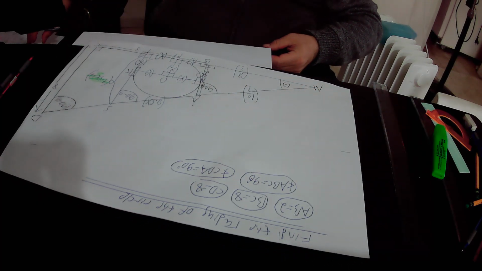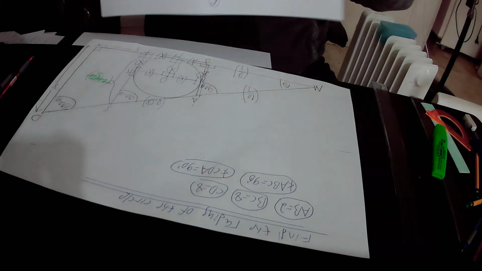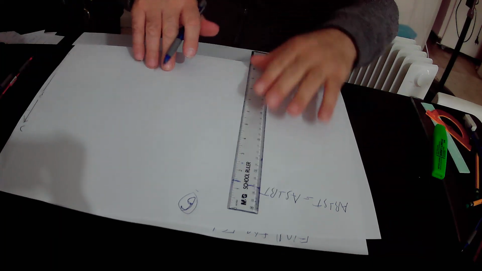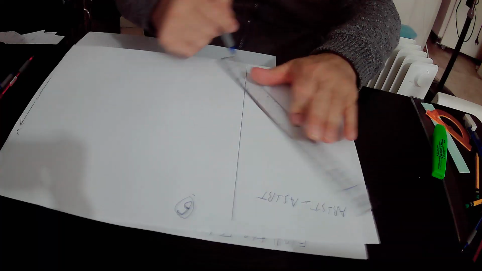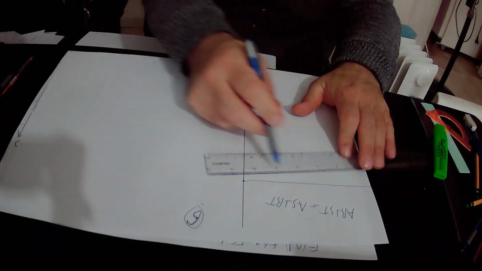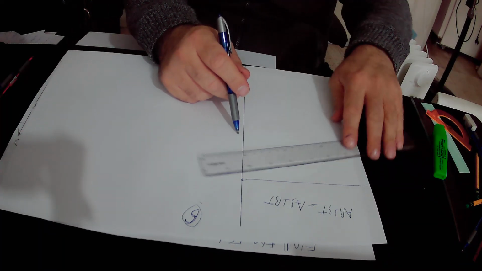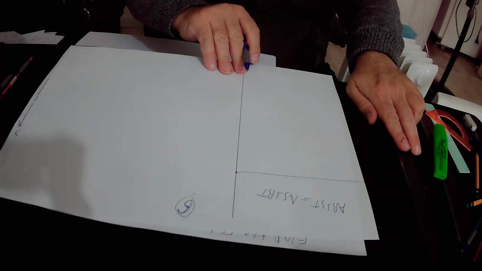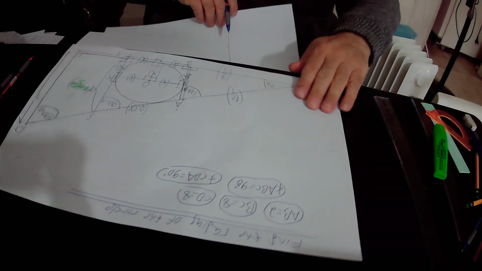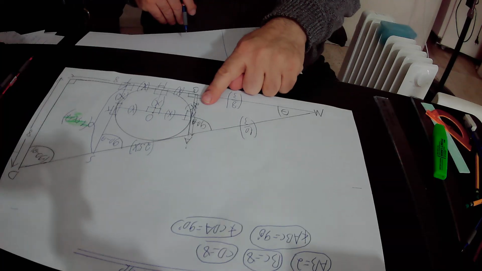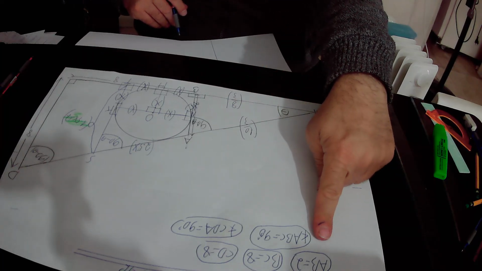Repeat again: AB plus ST equals AS plus BT. AB equals 2 units.